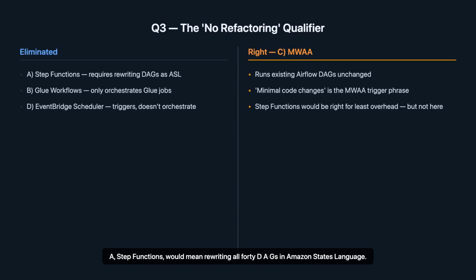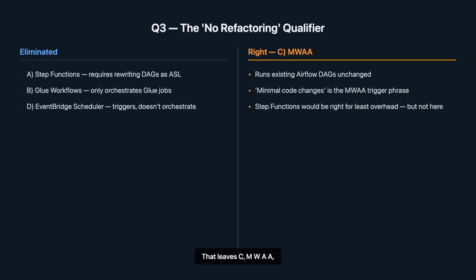Step Functions would mean rewriting all 40 DAGs in Amazon States Language. That's a lot of code changes, eliminated. B. Glue workflows only orchestrates Glue jobs. It can't run an Airflow DAG at all. D. EventBridge Scheduler just fires events on a schedule. It isn't an orchestrator.